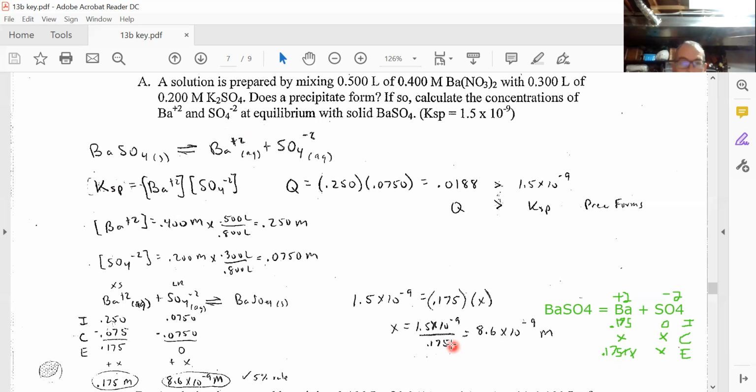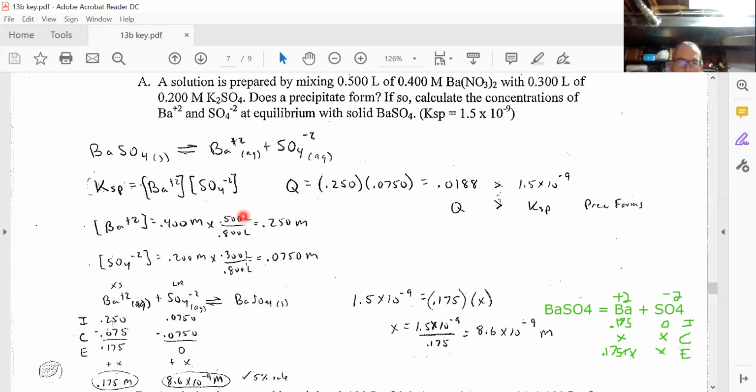But what would my answers be? I already figured out the 0.175 molar. Technically, it's 0.175 plus X, but adding 8.6 times 10 to the negative 9th to this is not going to make a difference. And then this would be my concentration of SO4 2-. So reviewing back to this problem, the problem you're going to get most often is just a Q type of problem, a regular type 3 problem, or type 3A, I guess I can call it.